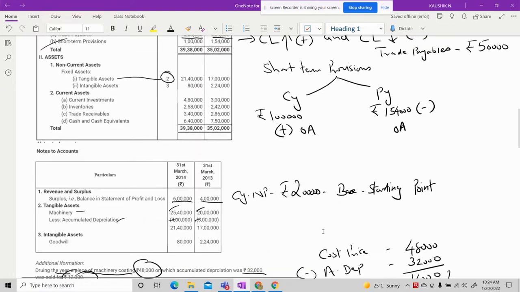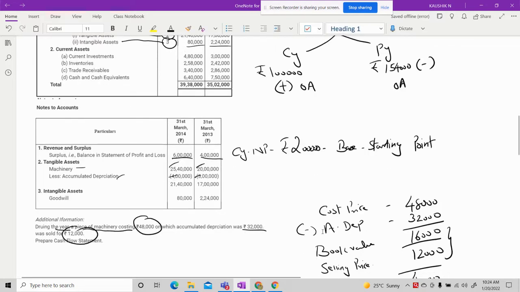And next comes your intangible asset. So here, in this intangible asset, it is given note number 3. So 2,24,000 was the previous year value, and the current year value is 80,000 rupees. So scroll down here. Number 3 is given as goodwill. So 2,24,000 was the previous year value, and 80,000 is the current year value. So this goodwill has got written off.